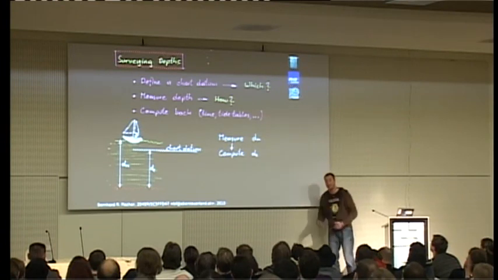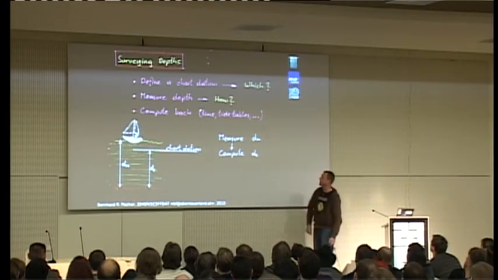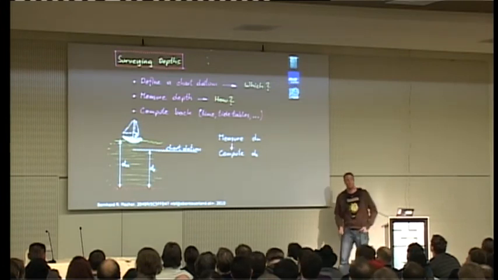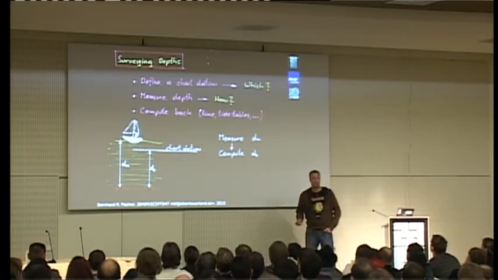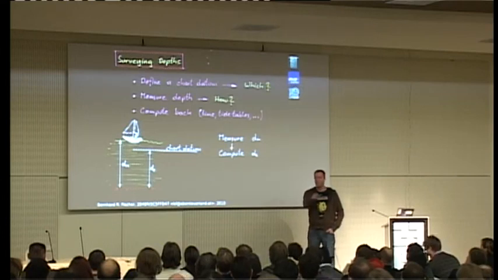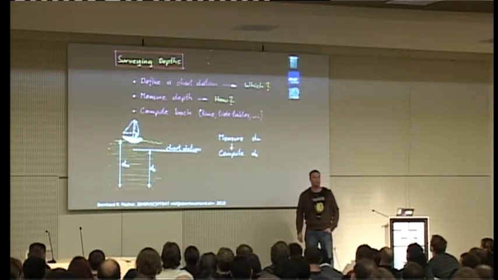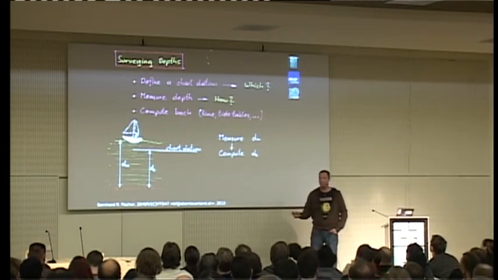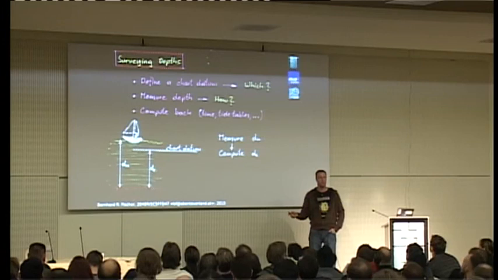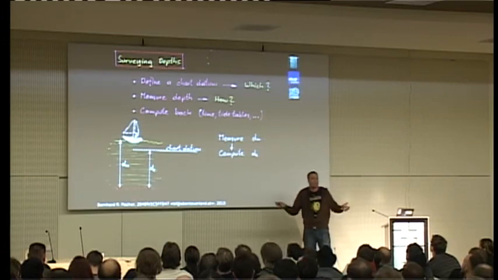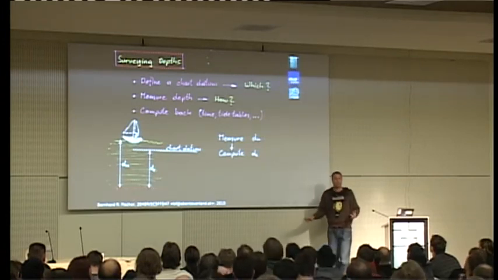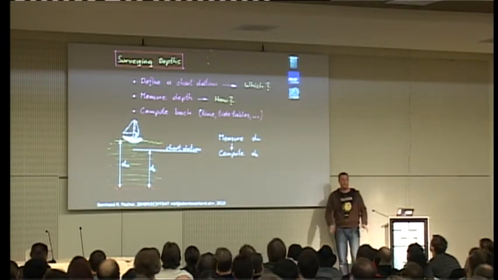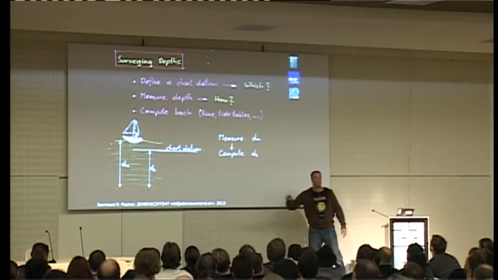Then we calculate it back, and we could put data referring to a specific chart datum. The problem is we need a chart datum. What I mean is we cannot just put a node in OpenStreetMap and say 3.7 meters. That's completely misleading. It's dangerous to do that. Nobody knows to what this 3.7 meters is referred. We have to define all of those things in advance, and then we can put in a node and say, okay, it's this and that depth.